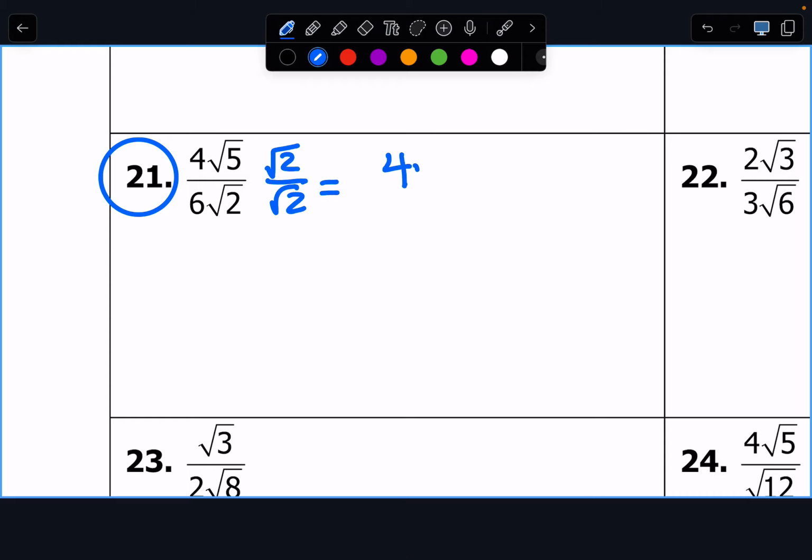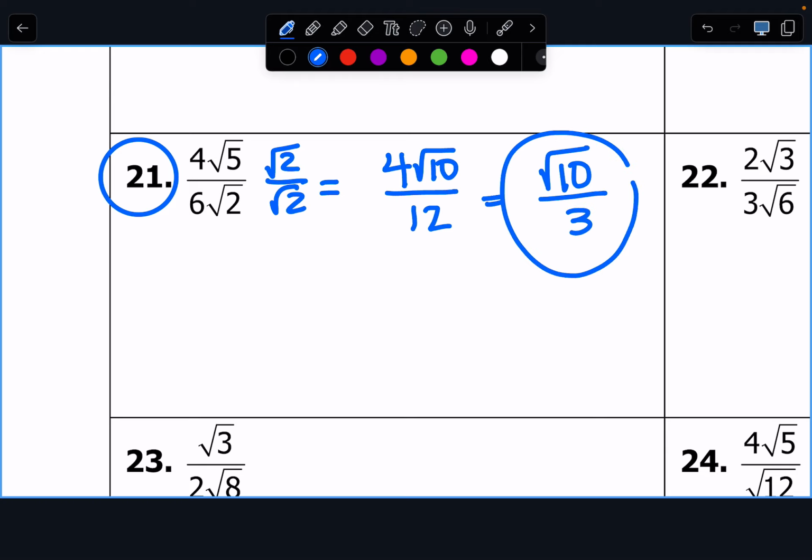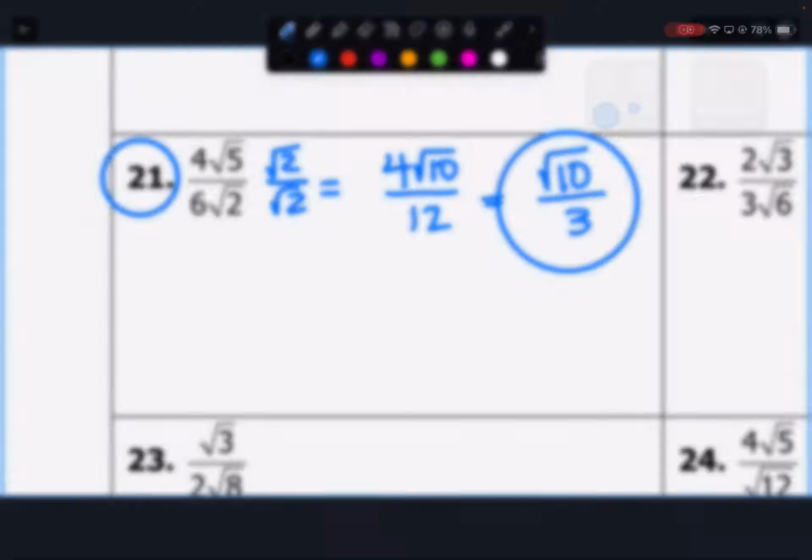So you have 4 squared at 10 over 12? So you simplify it to be 3 in the denominator? Good. Okay. So here's what I need from you.